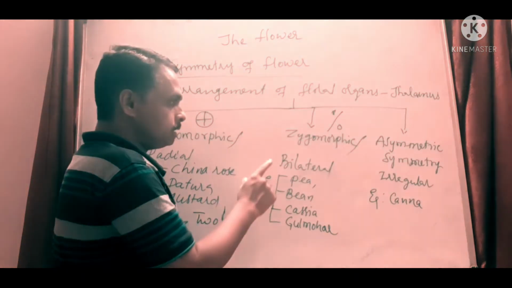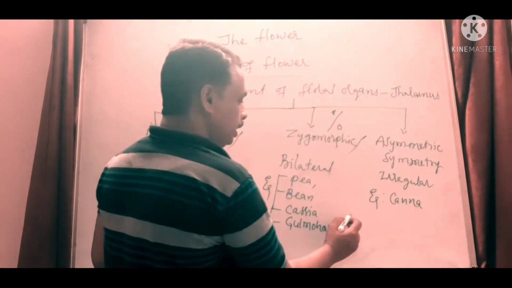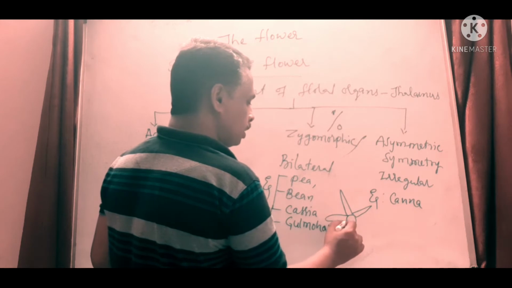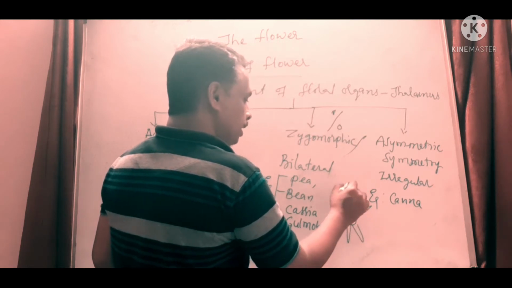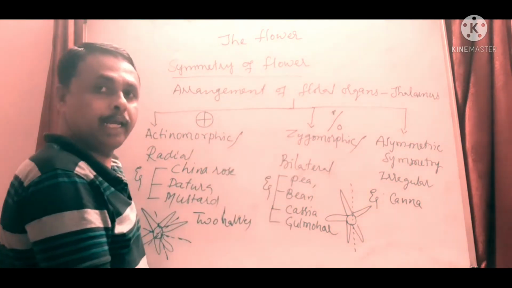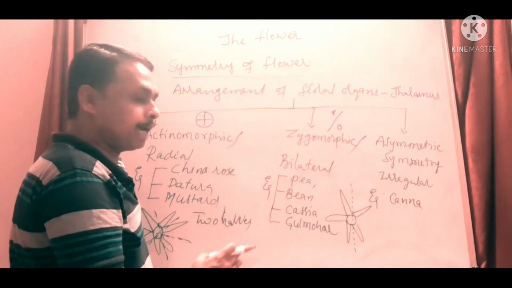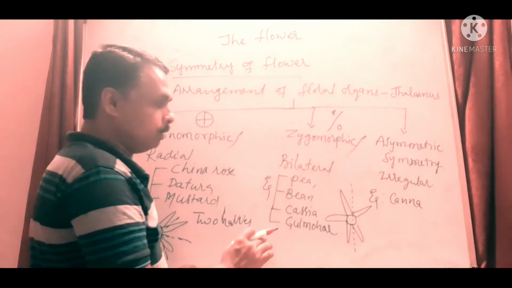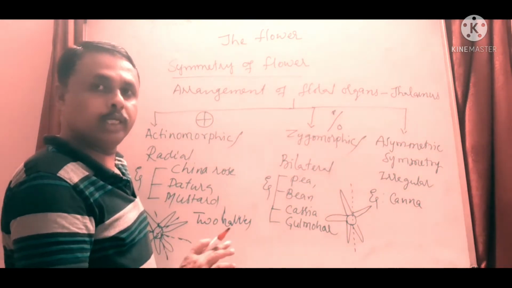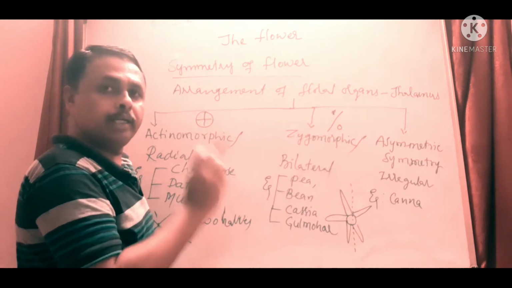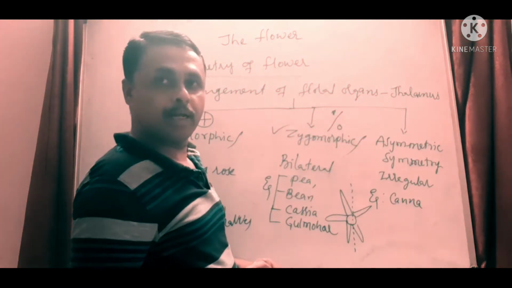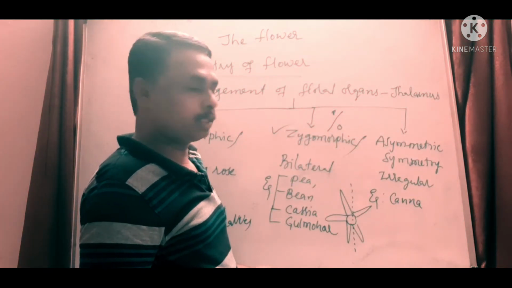In zygomorphic symmetry, only if the plane of division passes through one vertical plane through the center of the axis does it divide into two equal halves. Otherwise, it will not divide into two equal halves. Such arrangement of floral organs over the thalamus is called zygomorphic symmetry or bilateral symmetry.